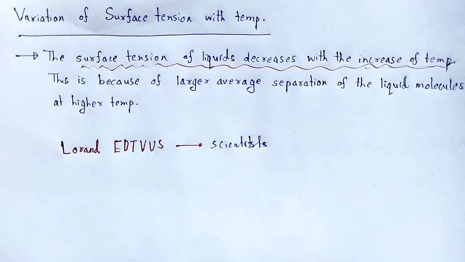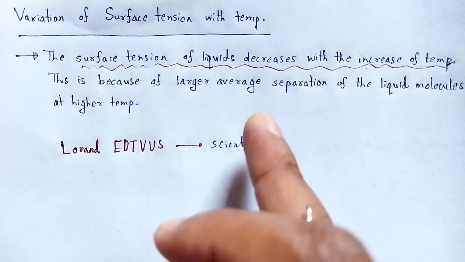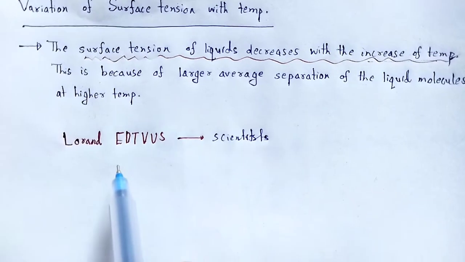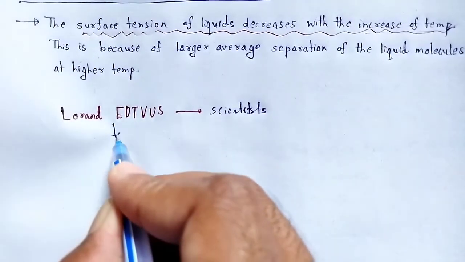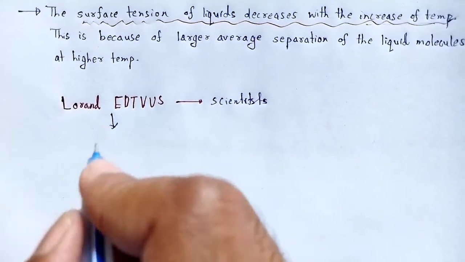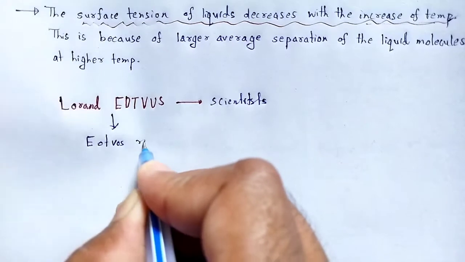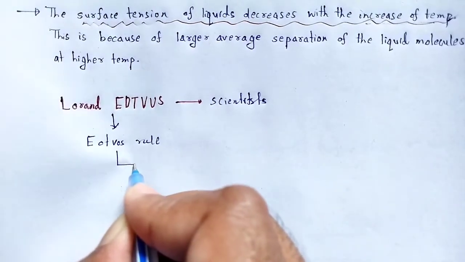He studied how surface tensions of various liquids vary with temperature, how temperature is related to surface tension for various kinds of liquids. According to his proposal, he made a rule which is known as Eotvos rule.